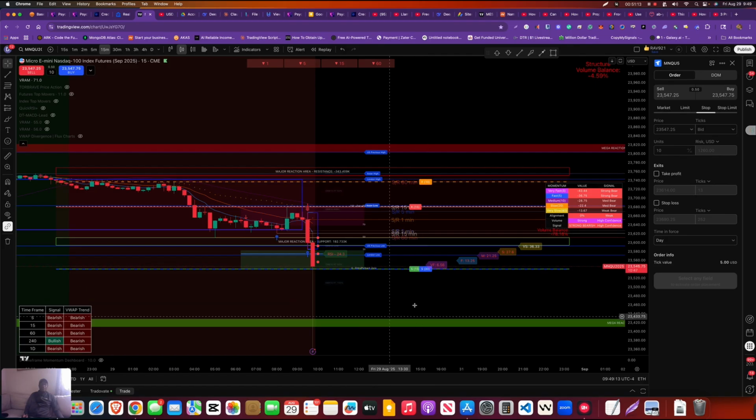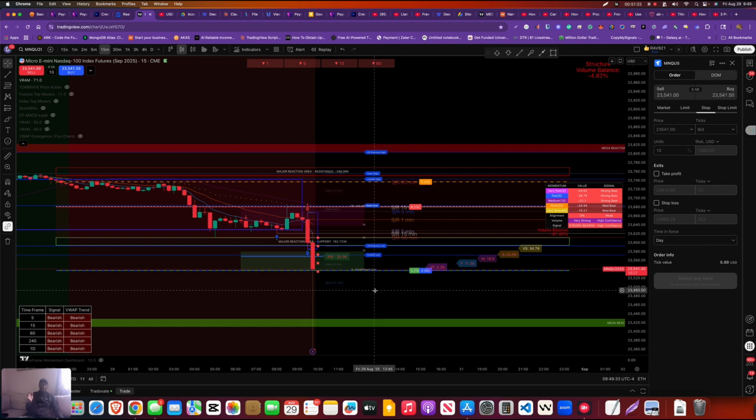So don't assume, because it's so large, that if you put an entry here, it's guaranteed it's going to come down to this major area. There may be new walls that are built in between because it's so large, right? So I don't want to assume that. There are times when it will just go right through, but I don't assume that. It could have a wall there eventually. And I know there's a big gap right here.